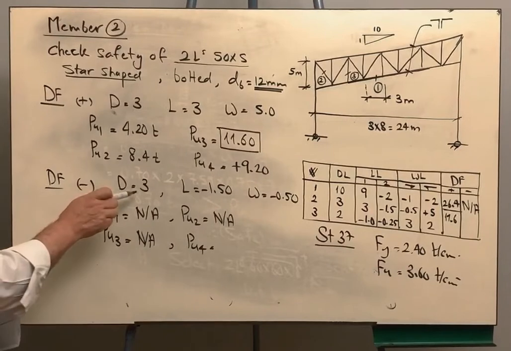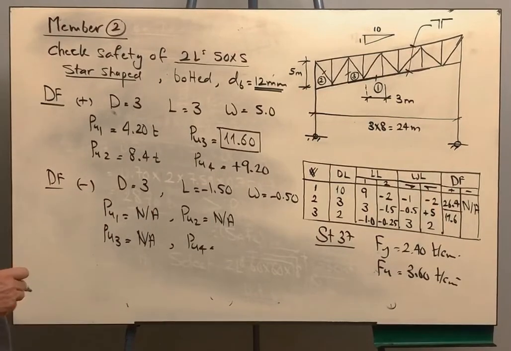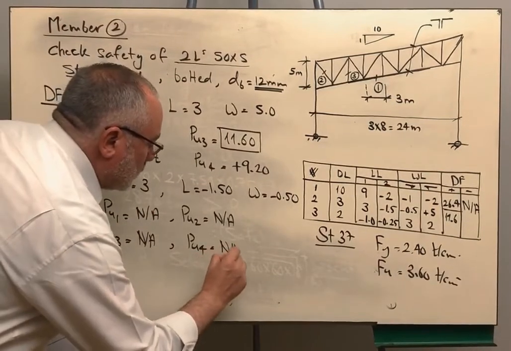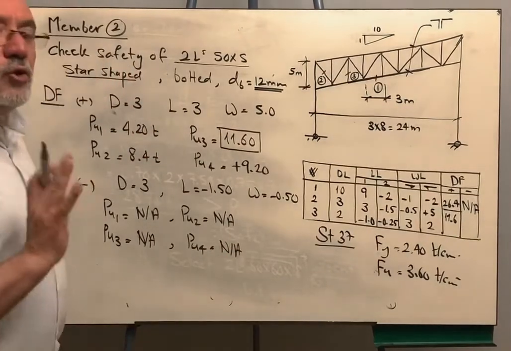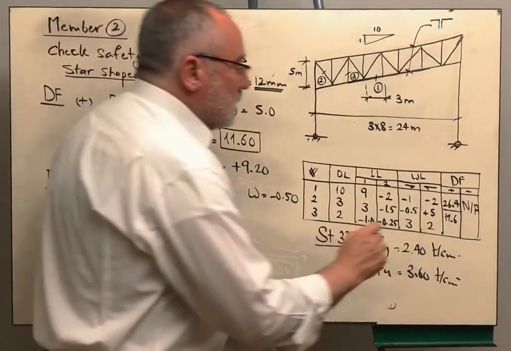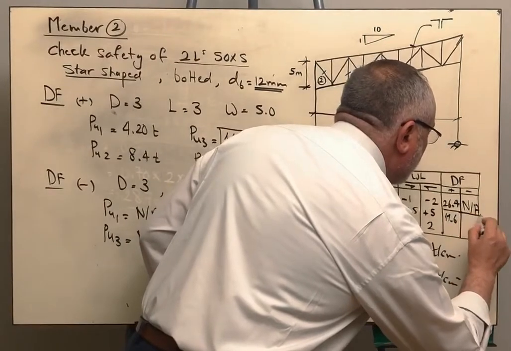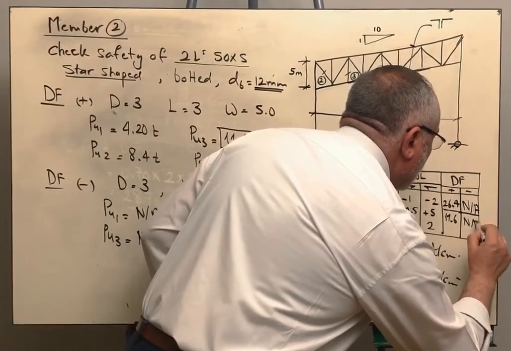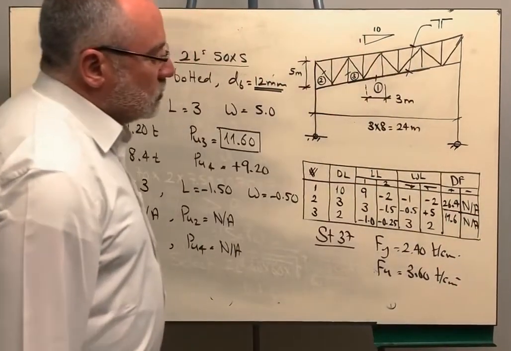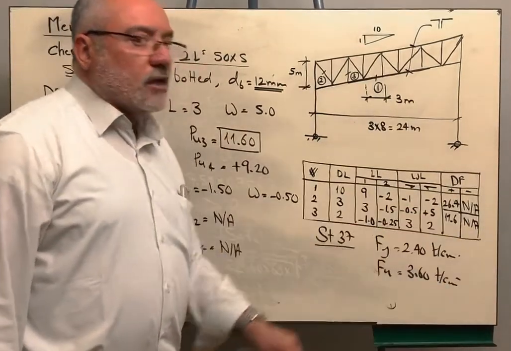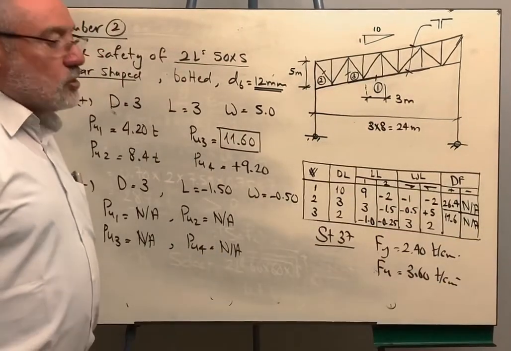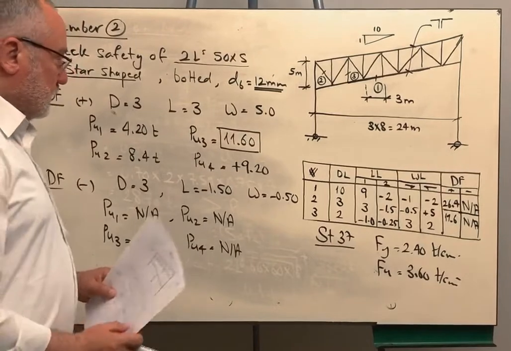And the last one, 0.9 dead and 1.3 wind, will also be not applicable. So this will be a pure tension member, and none of the load combinations will give me a compression design force. So I will have to check this member to resist a tension force of 11.6. Okay, let us see.